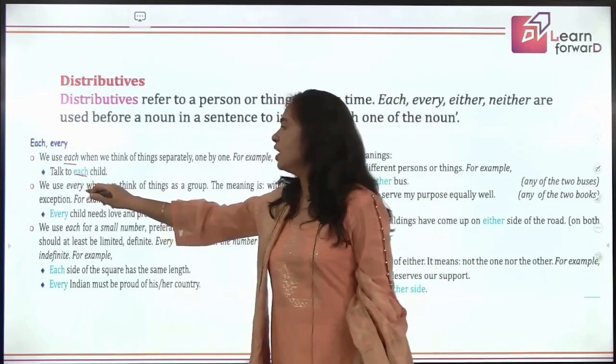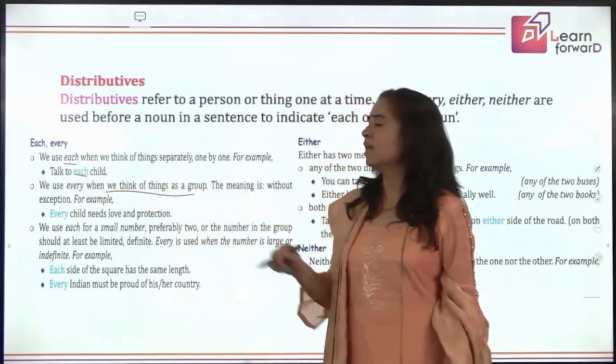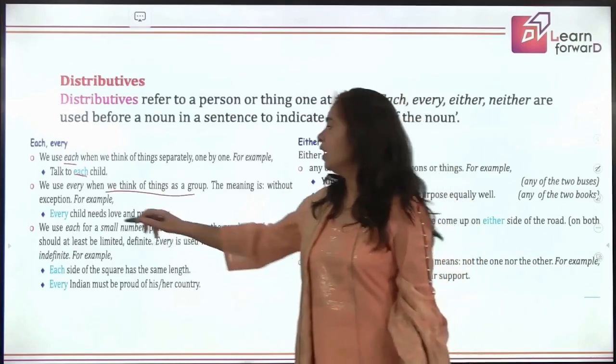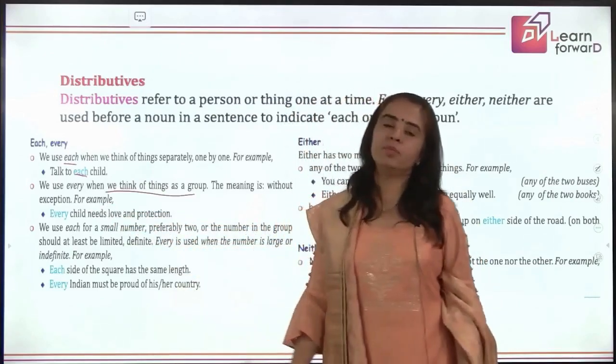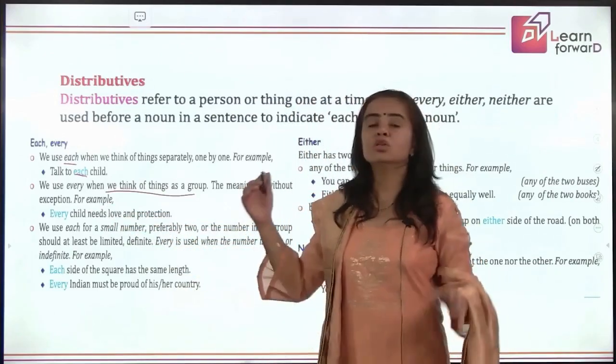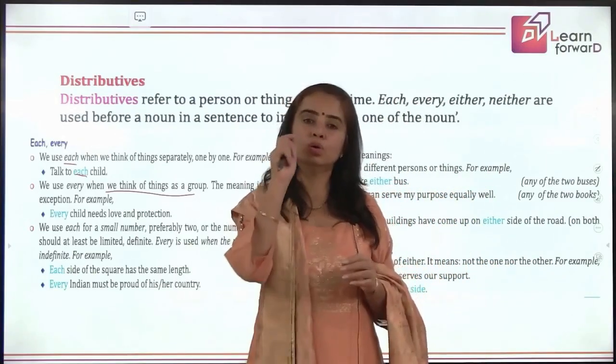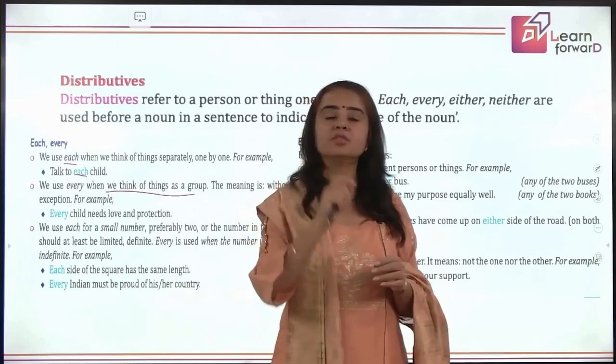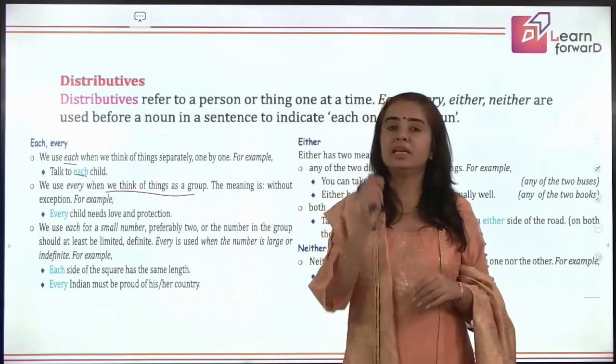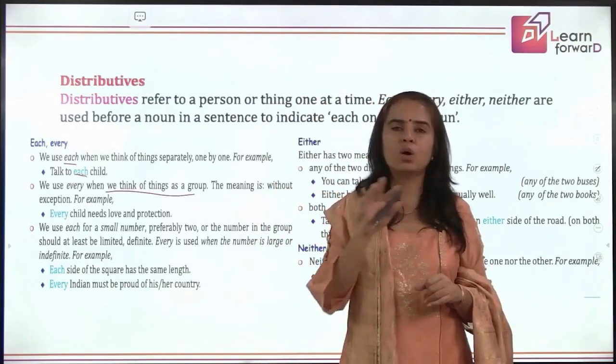Then we use every when we think of things as a group. Like every child needs love and protection, right? So we are talking about all of you as a group, though individually, but not as specific as each. In each, it refers to without exception.